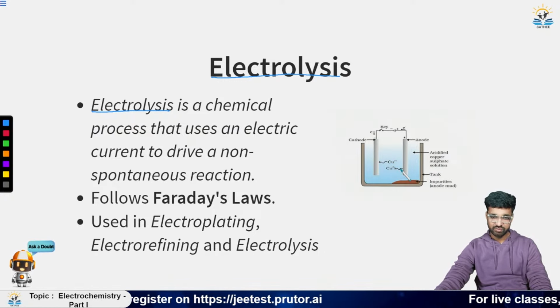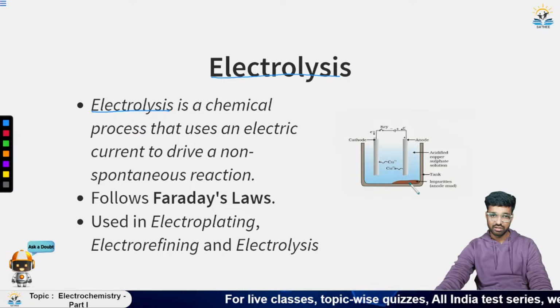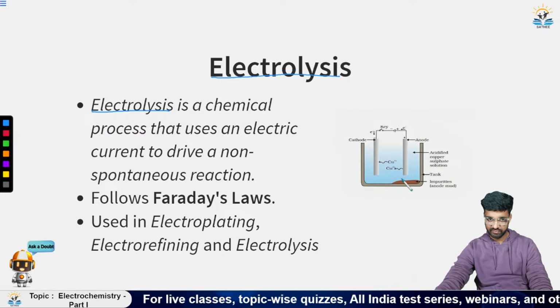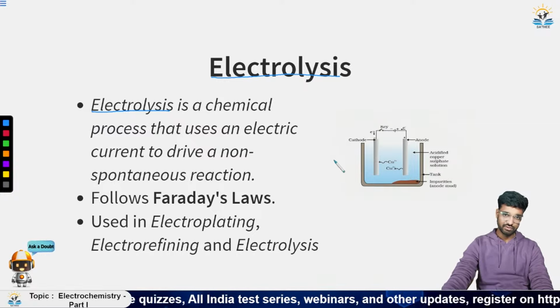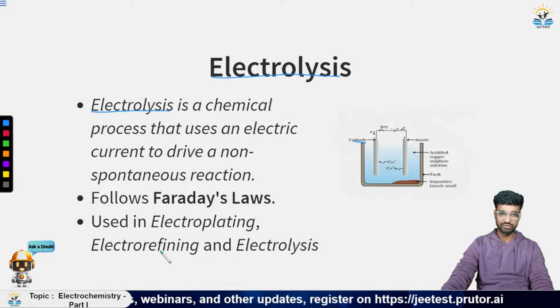In this process, only the Cu2+ ion will move, and the unrefined material, or you can say the impurities, are precipitated in this solution. So this is an example of an electrolysis application, that is electro refining.